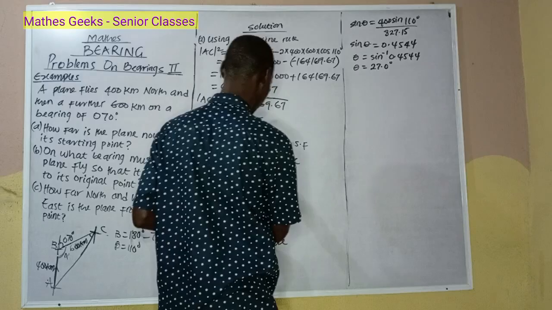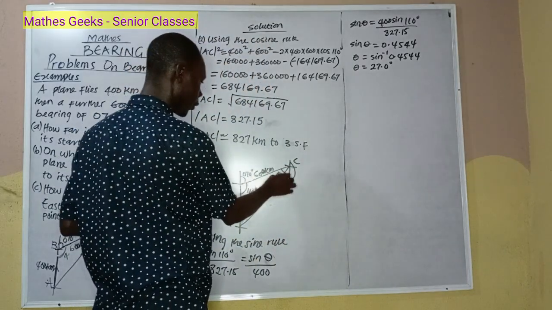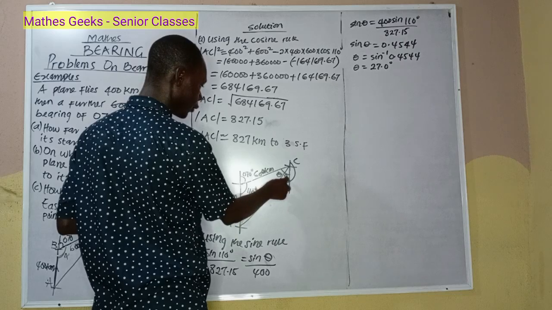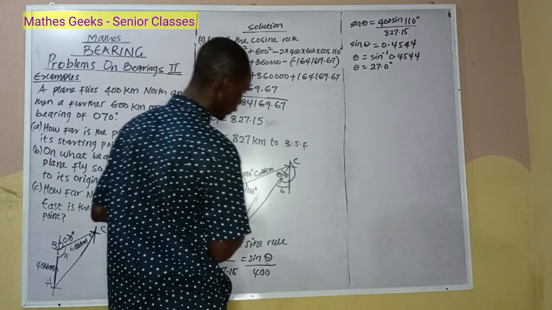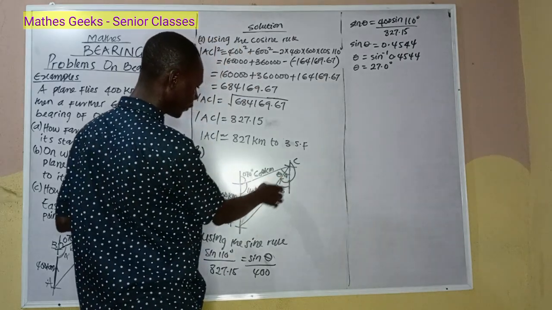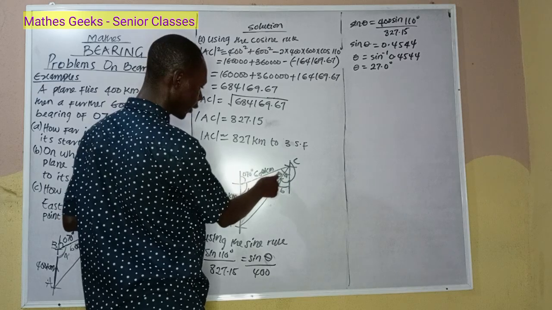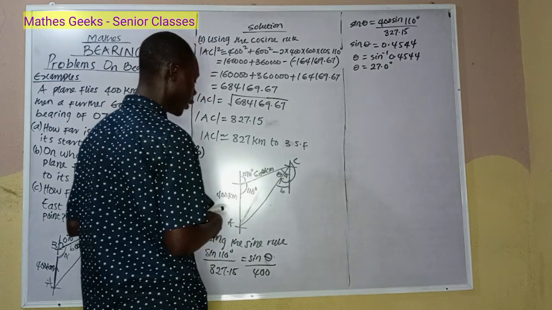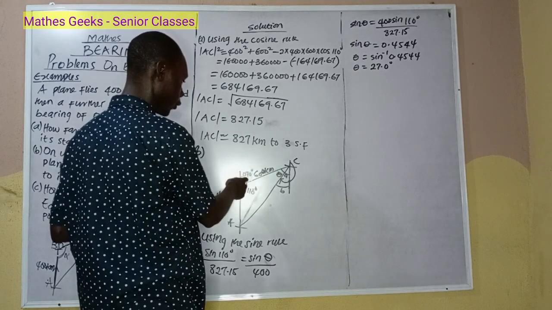But the alternate angle, which is 70 degrees, is the whole of theta plus A, and we want to get B. From what we can see, theta plus A will give us this alternate angle, 70 degrees.